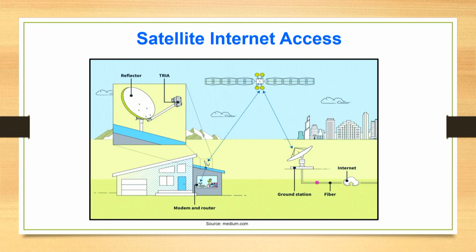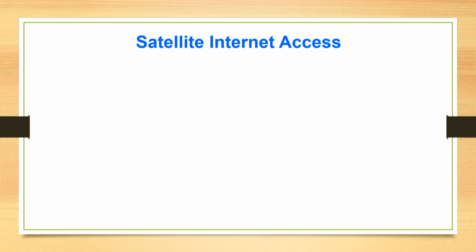Here you see the VSAT, very small aperture terminal, which is used for establishing the connection. This establishes the sender and the receiver end, and the data is sent to the satellite from the sender, and then the satellite sends it to the receiver end.